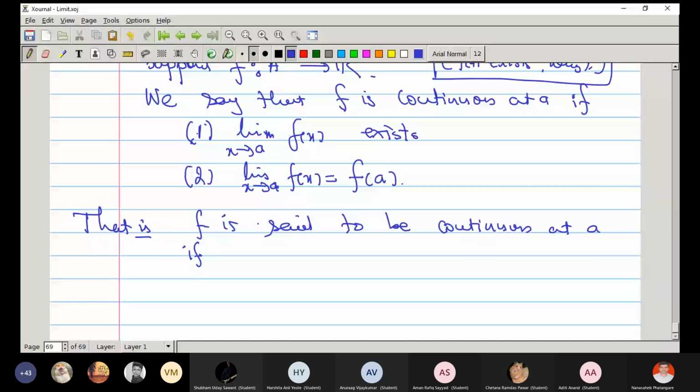That means in terms of the definition of limit, what should I say here? f is continuous at a means this last expression, if limit x tends to a, f of x is equal to f of a. Means what? Given epsilon, there exists delta such that... see, limit of something is some number, means what?